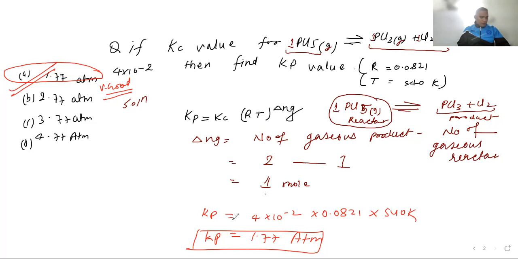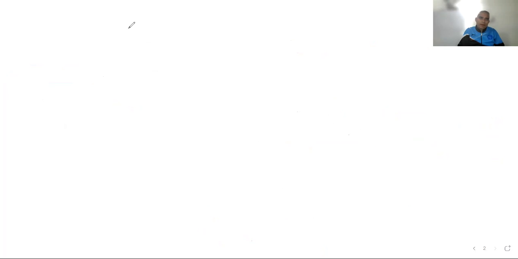Wait, I am checking one more question for you to do. Quite a better question. Can I erase this? Yes, sir. Okay. The question says at equilibrium, a mixture contains 0.0235 molar CO2.